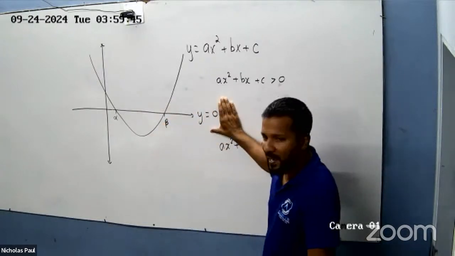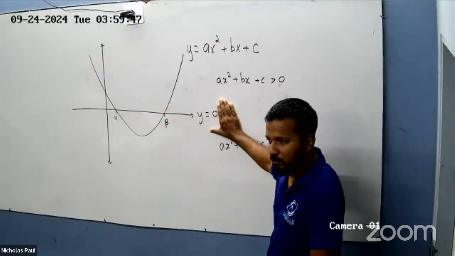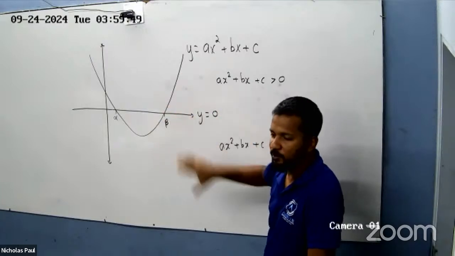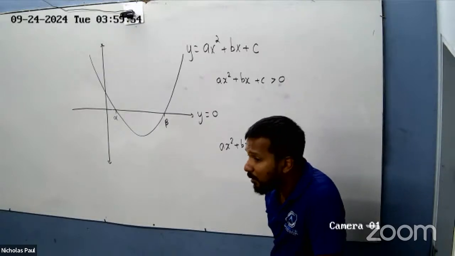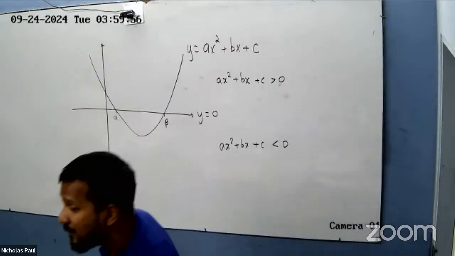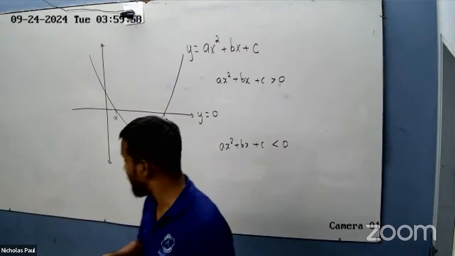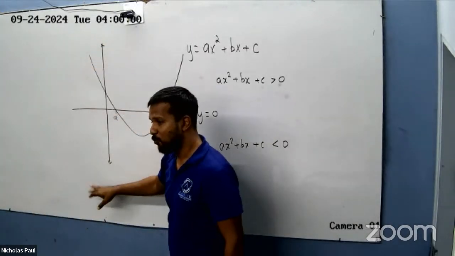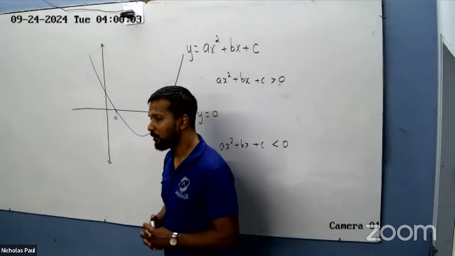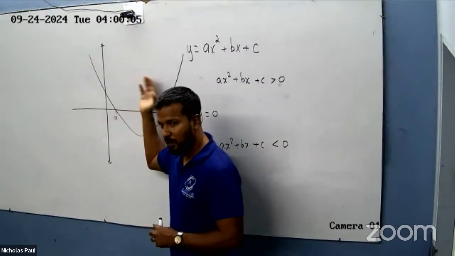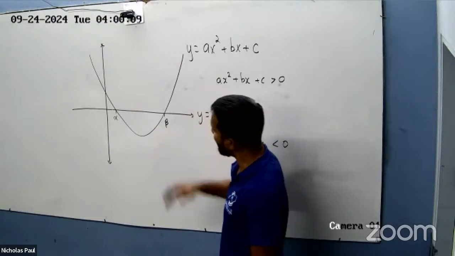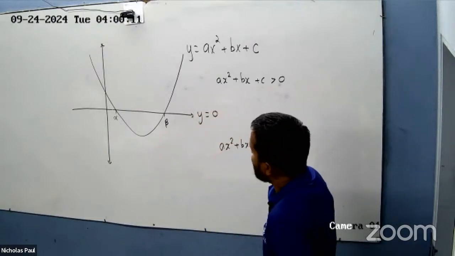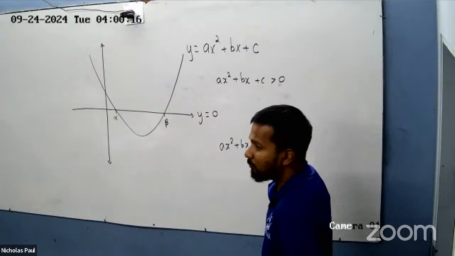Where is y more than 0 on this graph? This whole thing is the y-axis. Where is it more than 0? Top part. Where is y less than 0? Bottom part. Look at the graph.